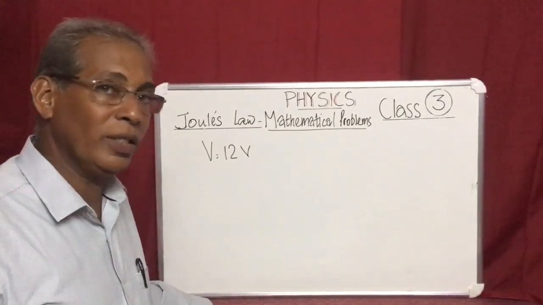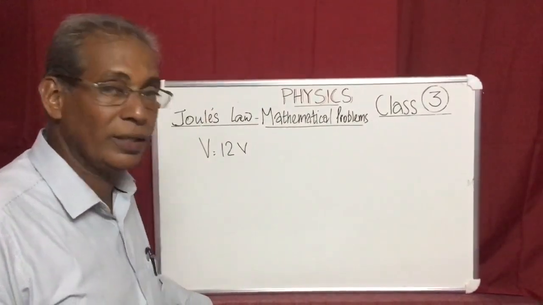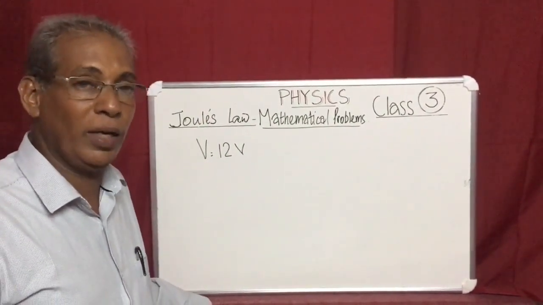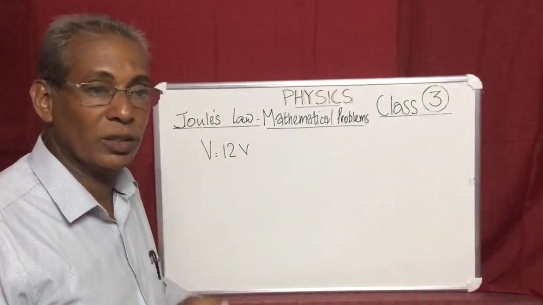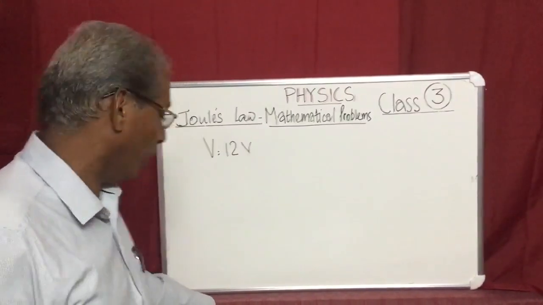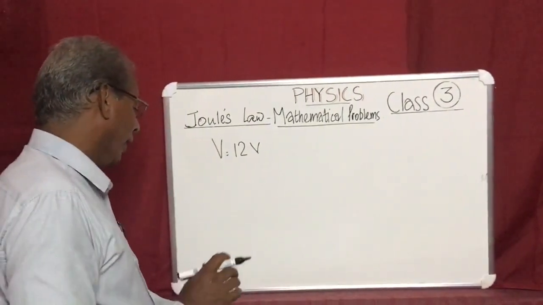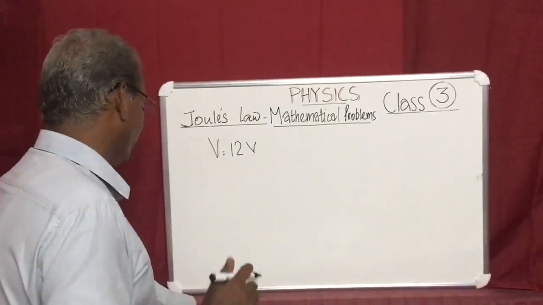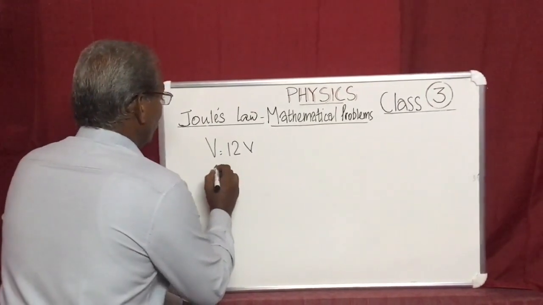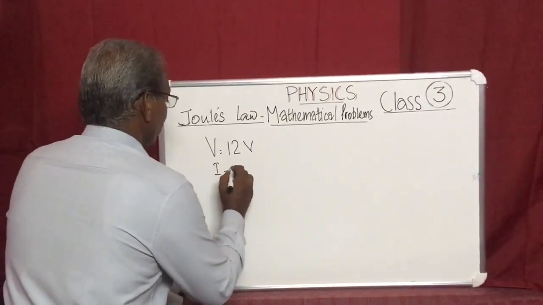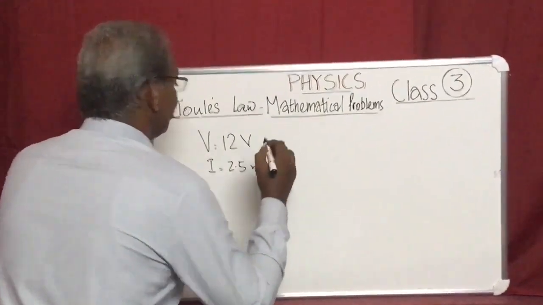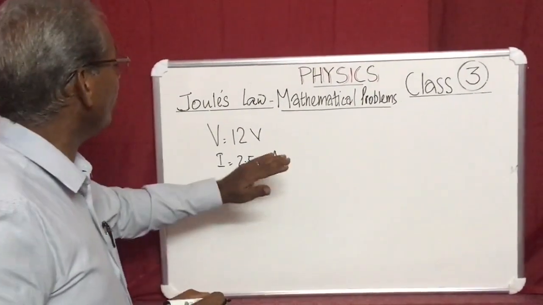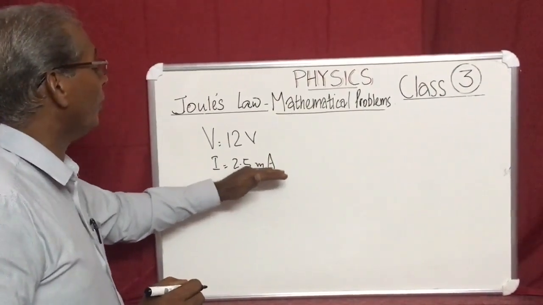Resistance and all these things we will discuss in detail in another class. For the time being, a material which offers resistance in the circuit is called a resistor. The resistor is there and the current through the circuit is found to be 2.5, so current I is 2.5 milliampere. As I told you, don't keep 2.5 milliampere here and stop.